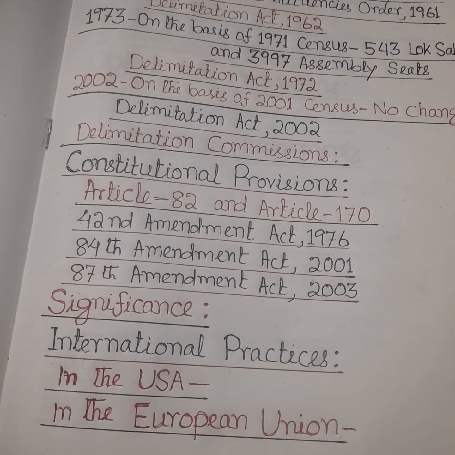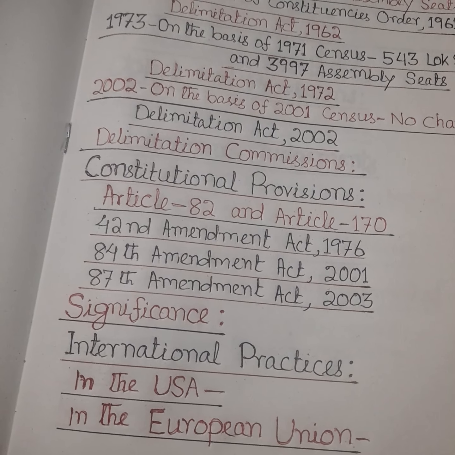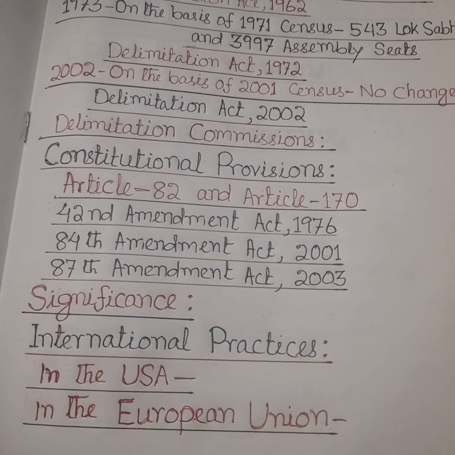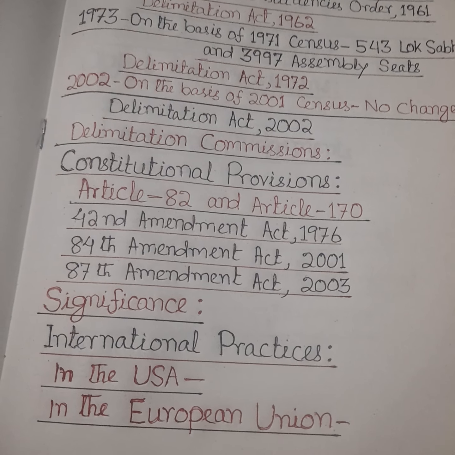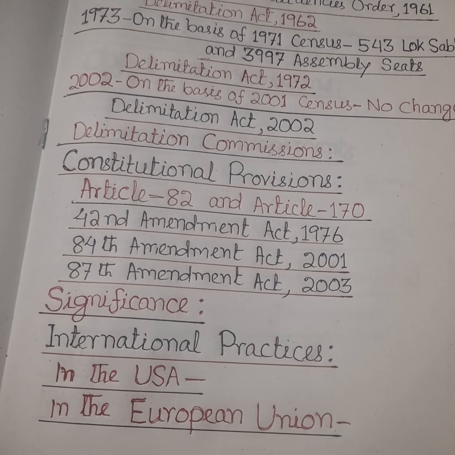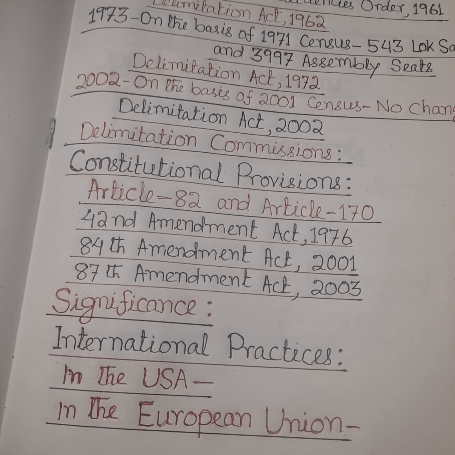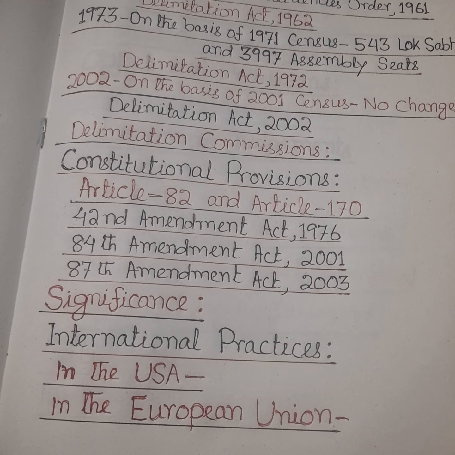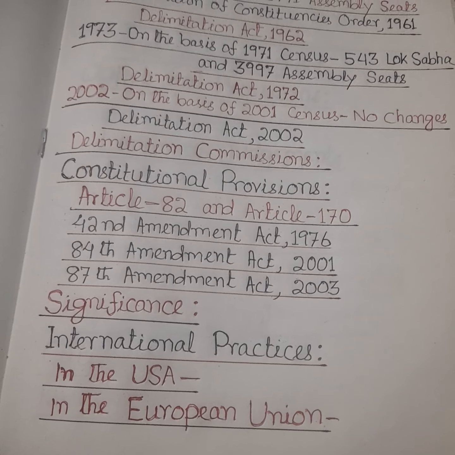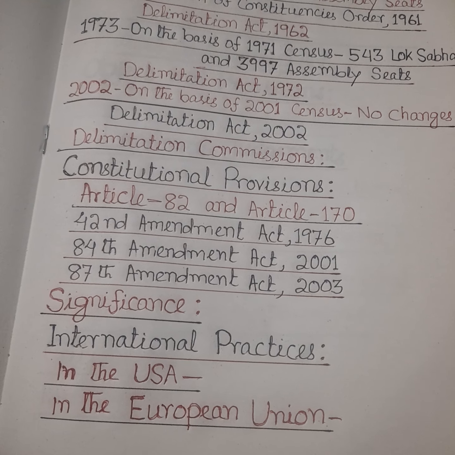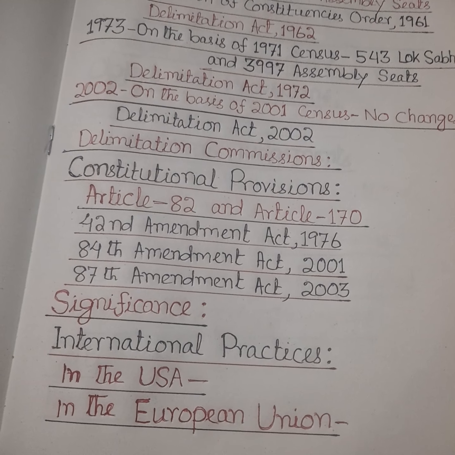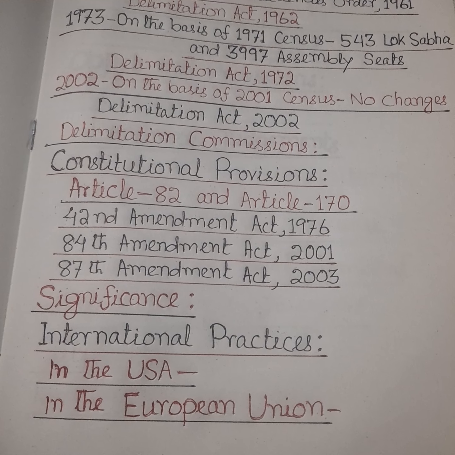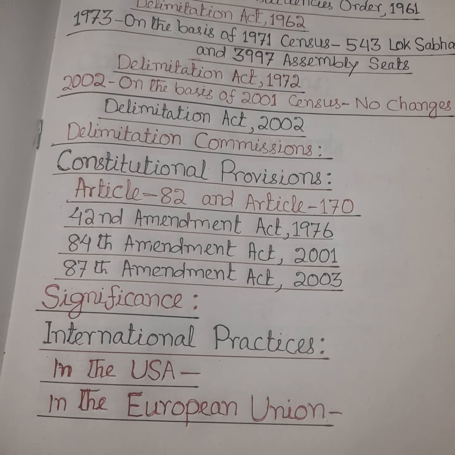Under this principle, the ratio of population to the number of seats shall increase as the population increases. For example, Denmark, with a population of around 60 lakh, has 15 seats, an average population of 4 lakh per member, as against Germany with a population of 8.3 crore, having 96 seats, an average population of 8.6 lakh per member.